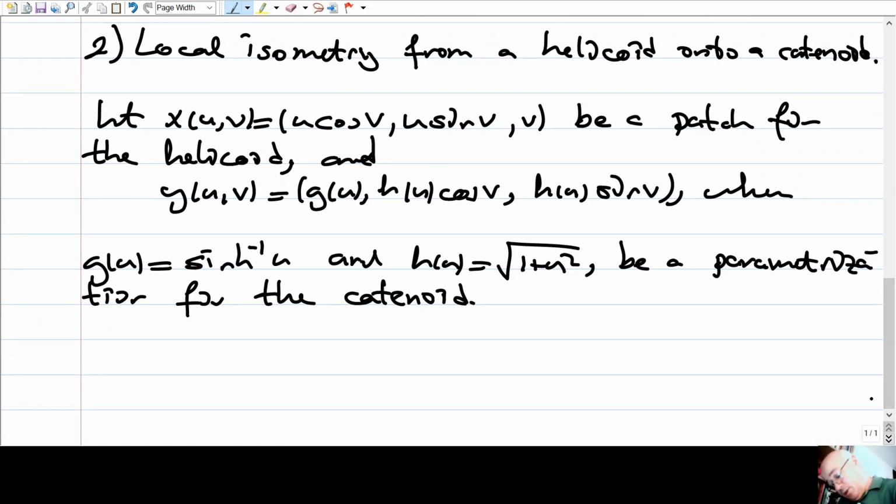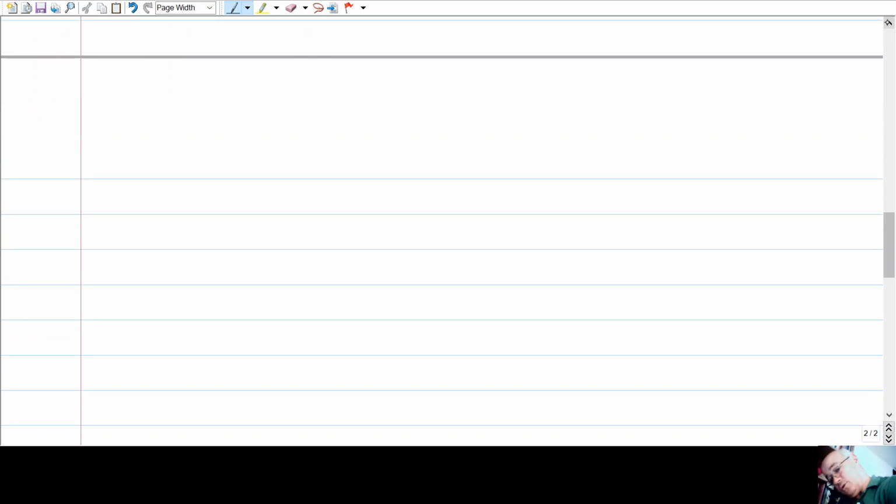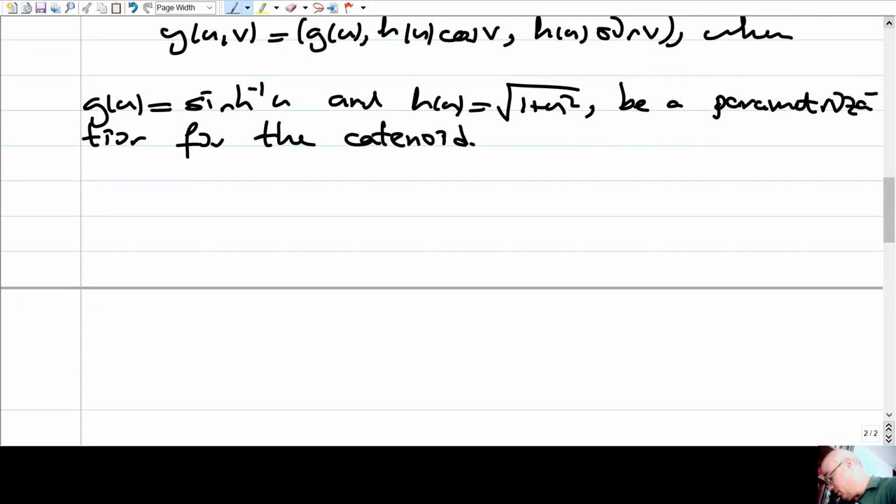Okay, so let me draw these figures, I mean these surfaces. Let me try to draw them.